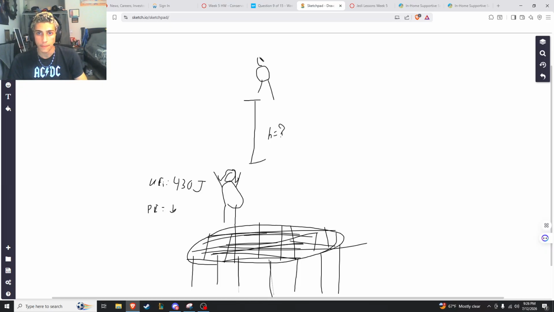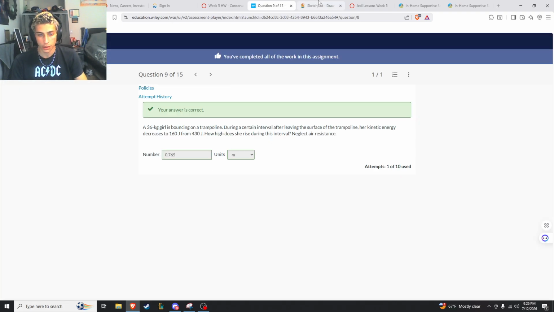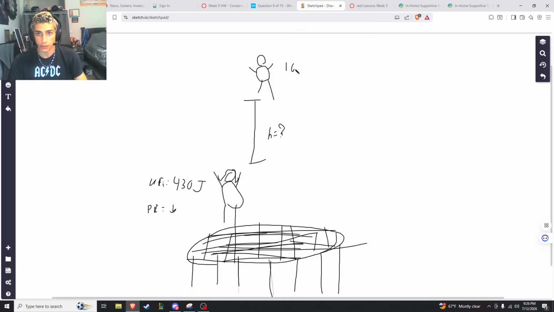That's actually really high. And she gets to 160 joules, which is going to be her final kinetic energy, and her potential energy is going to be pretty high.